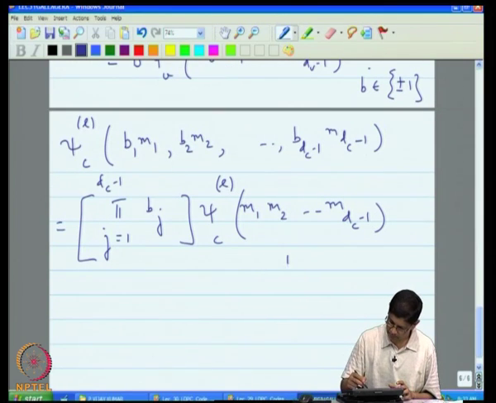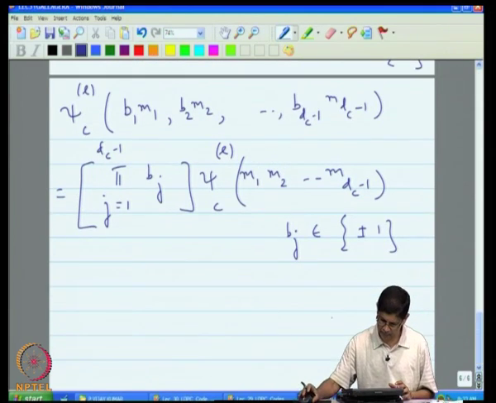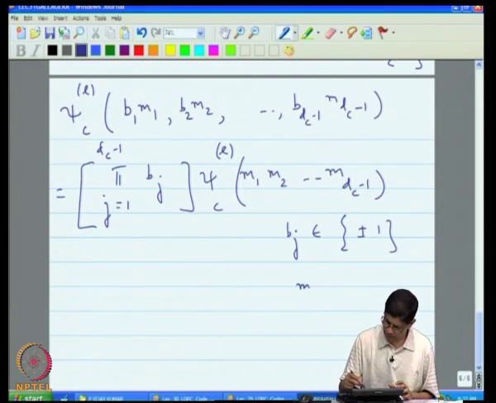And again this b sub j are either plus or minus 1, and of course the m j are drawn from the message alphabet.